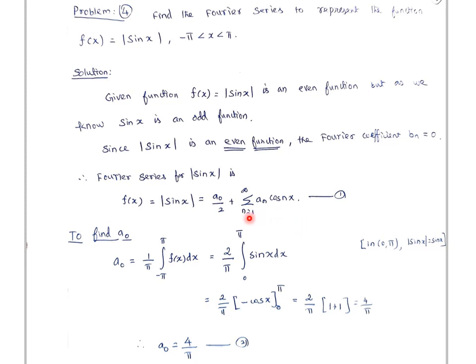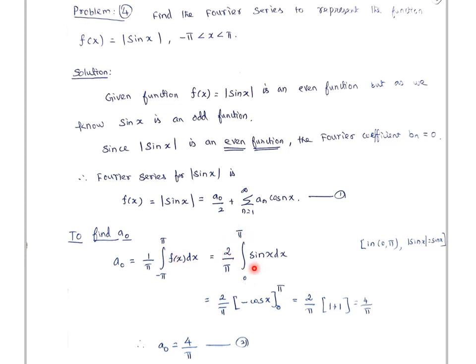Here also we have to calculate only a0 and an. As usual, a0 equal to 1 by pi integral minus pi to plus pi f of x dx. Here our function f of x, that is modulus of sin x, is an even function. Therefore, integral minus pi to plus pi is reduced to 2 times integral 0 to pi.